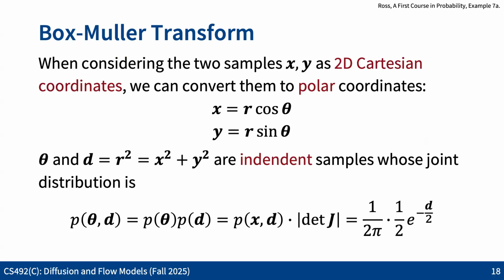The idea for changing the variables is the reason why we have two samples, not a single sample. We are going to treat these two samples as 2D Cartesian coordinates, basically one point in the 2D space, so that we can jointly convert these two variables into variables in polar coordinates.